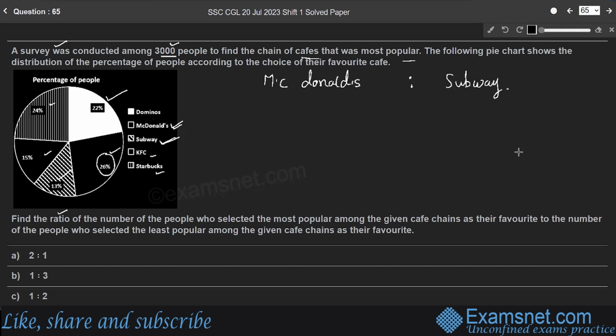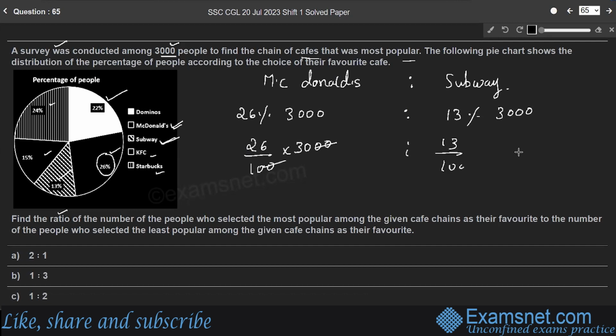So McDonald's, 26% of the total 3,000 people, whereas only 13% selected Subway. Right? So 26% of 3,000 is 26 by 100 into 3,000, can cancel 2 zeros, is to 13 by 100 into 3,000.